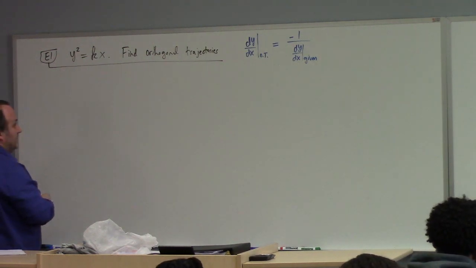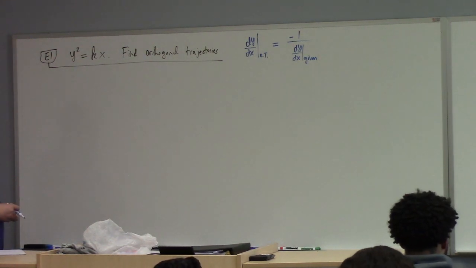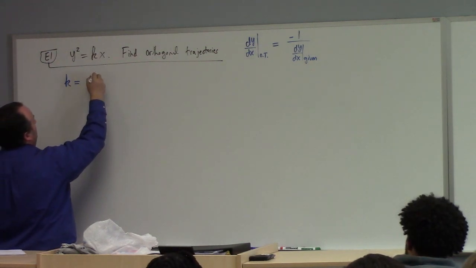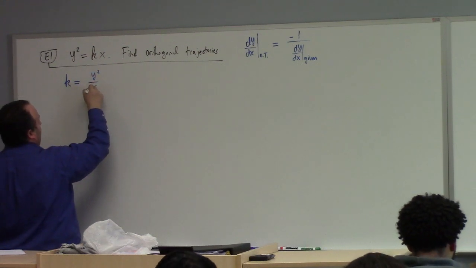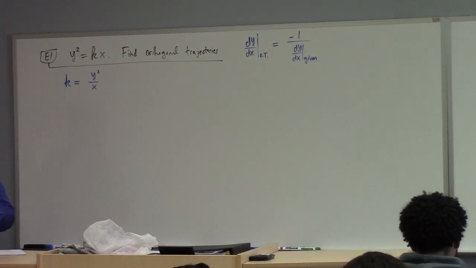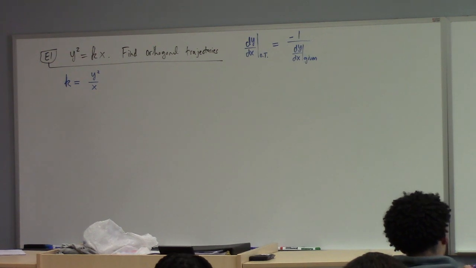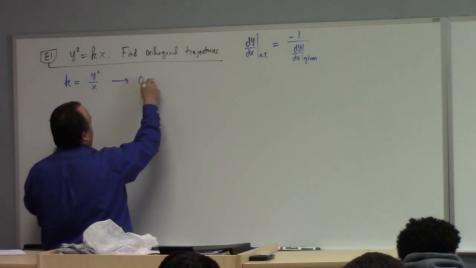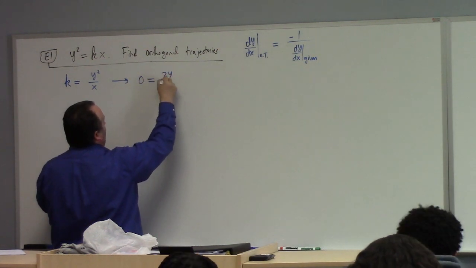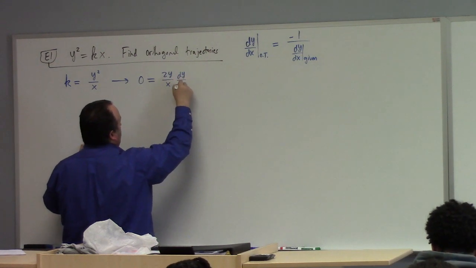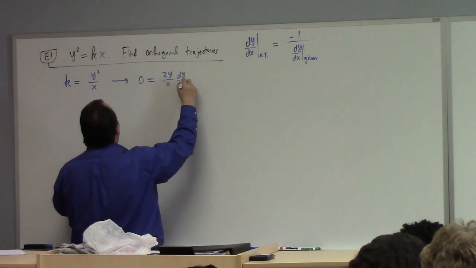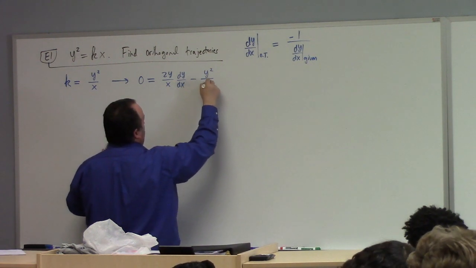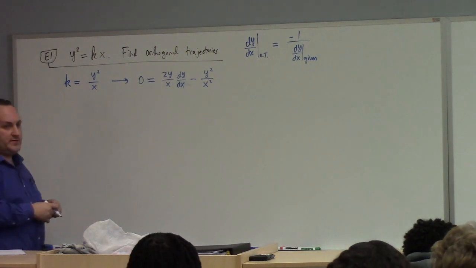There are probably more than one answer, but one answer I like is solve for k. K is equal to y squared over x, right? And once I do that, if I differentiate, the constant goes away. So if I differentiate, this gives me 0 is equal to 2y over x dy dx minus y squared over x squared, by the product rule and also the chain rule.